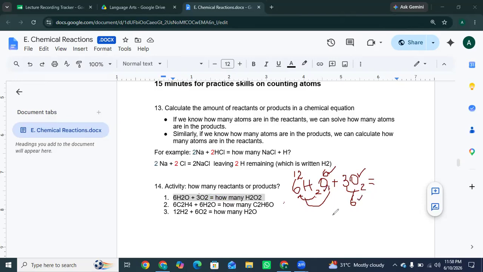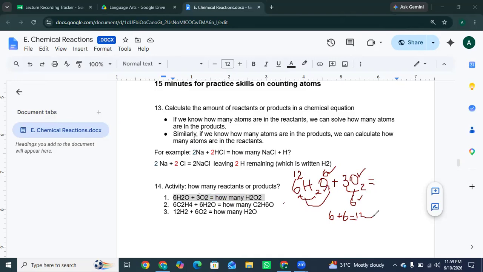So we can simply combine this. 6 plus 6 is 12, which means we have 12 oxygen atoms and 12 hydrogen atoms on the reactant side.